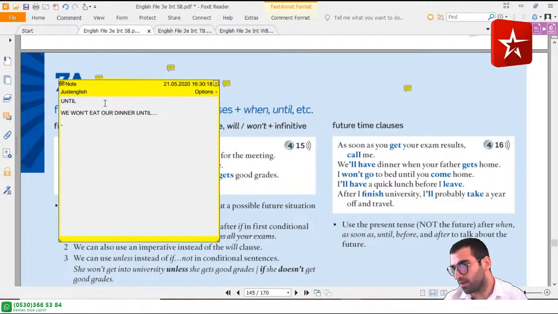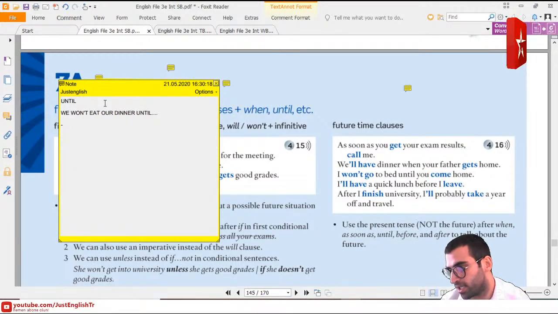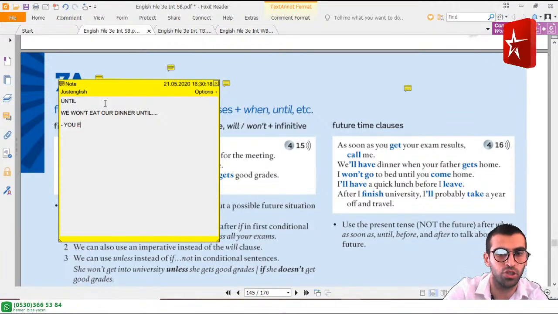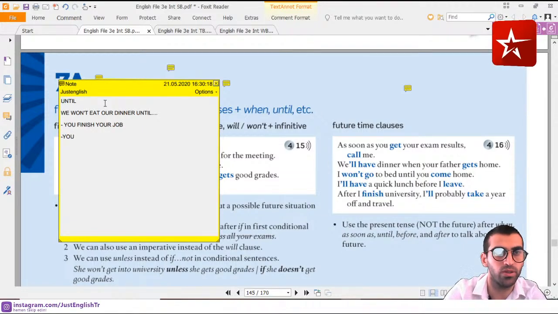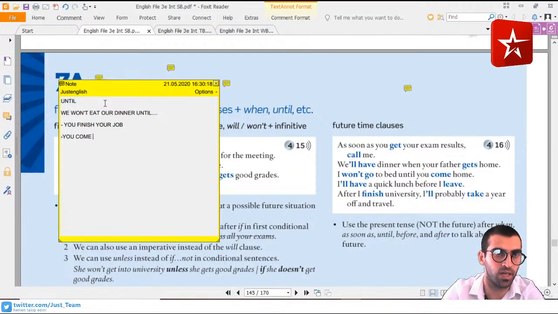Yes, till you come, I won't eat dinner, Nejat Ünlü says. Yeah. Mihridan says, you come and join us. As I say, you have to study until you understand. Yes, we won't eat our dinner until you finish your job. Or the next idea, until you come home.